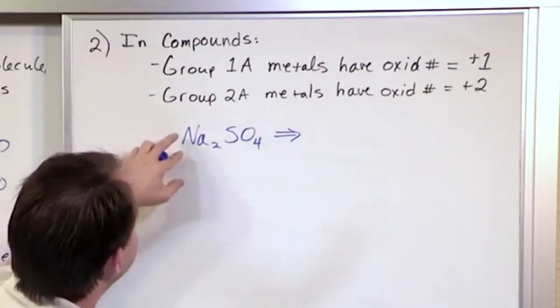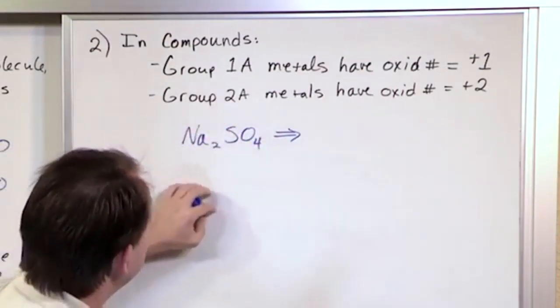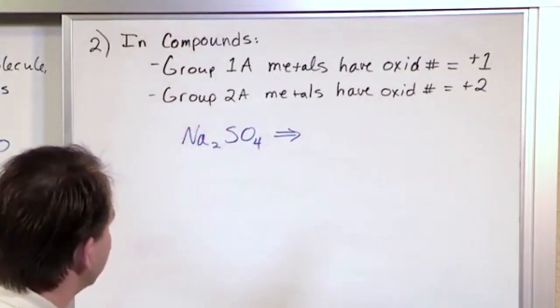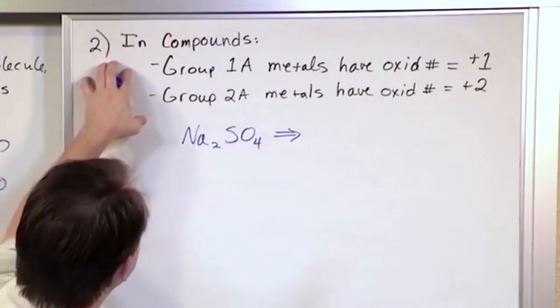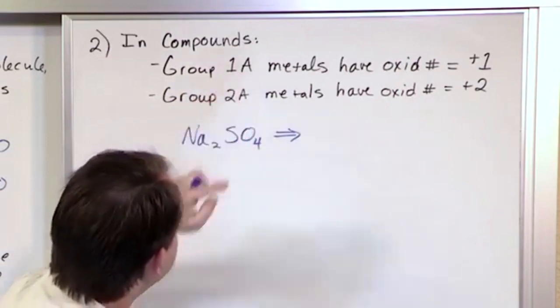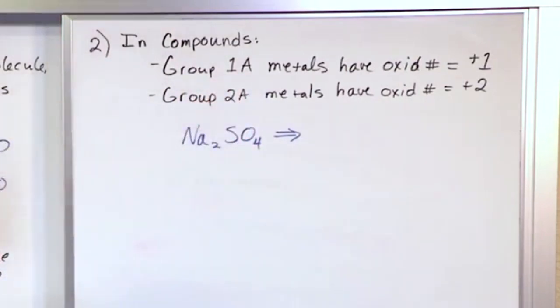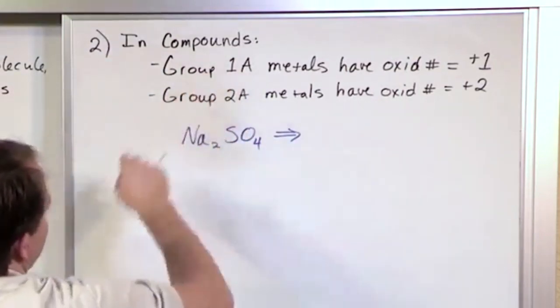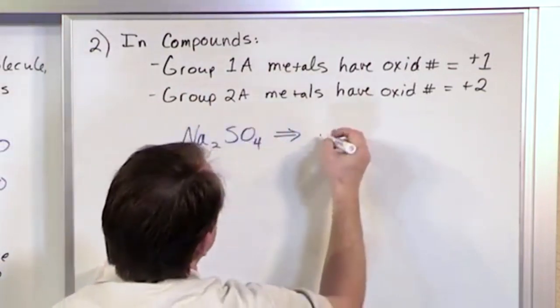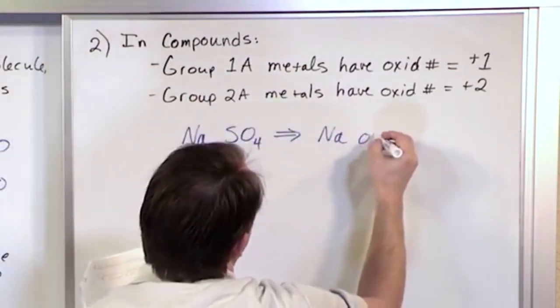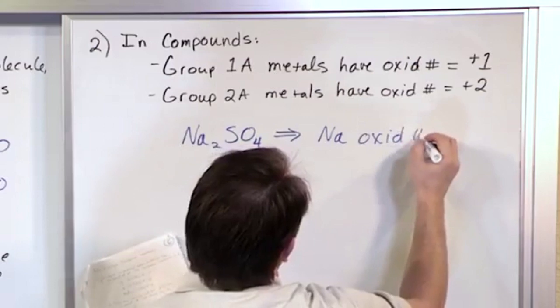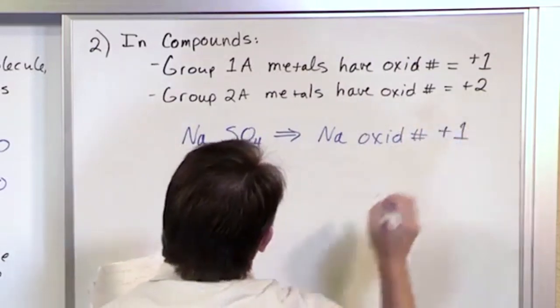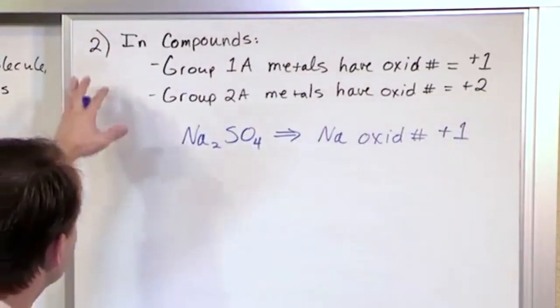It's not an ion, so the sum of all these oxidation numbers is going to be equal to 0. That's rule number 1. But then I come to rule 2, and it applies here because sodium is in group 1A. So I can tell that Na has an oxidation number of +1. I know that right away because it's rule number 2.